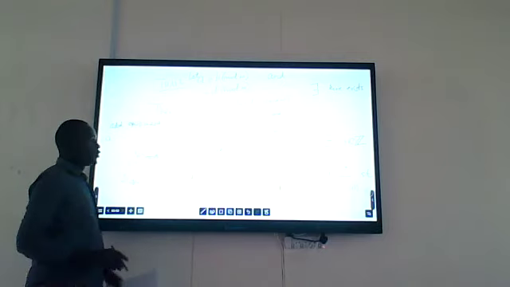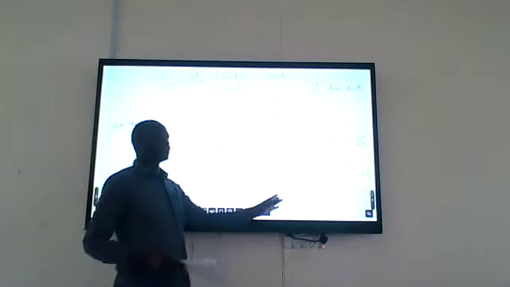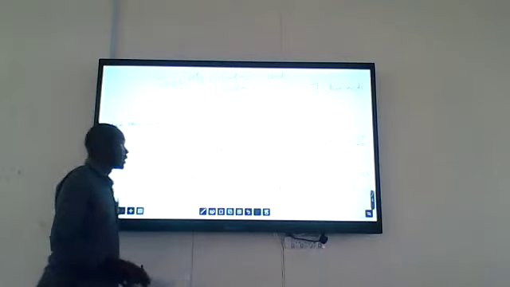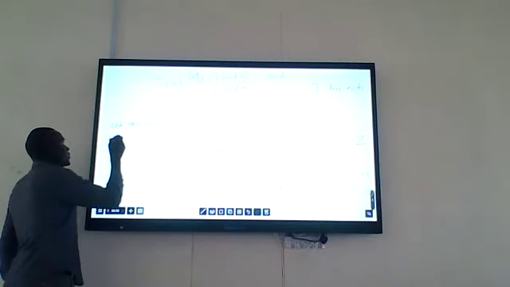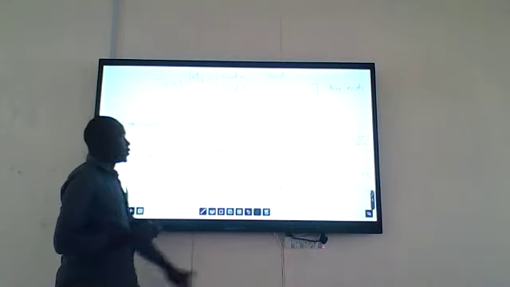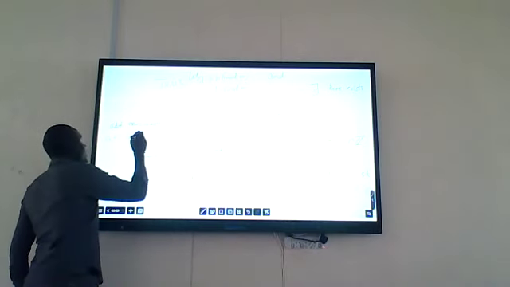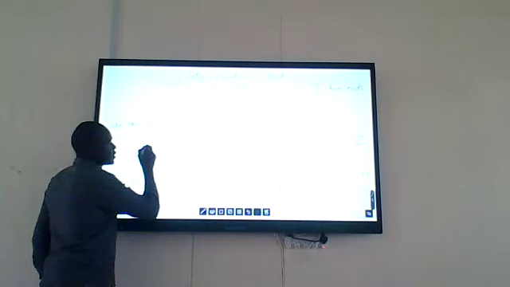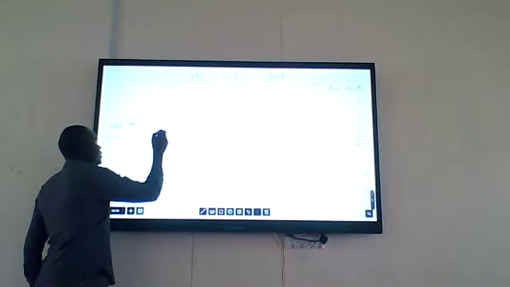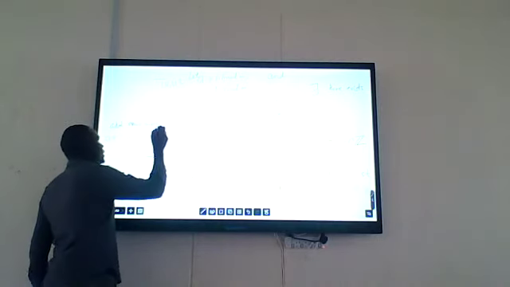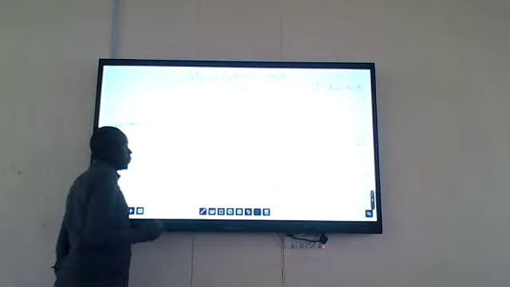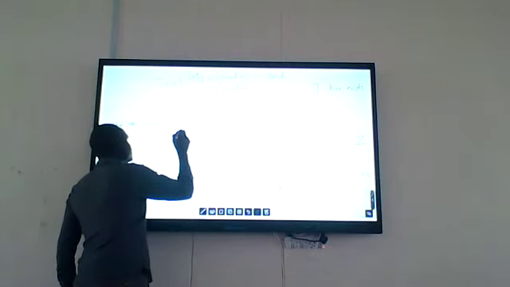Remember, adding two equations means you do addition on the left hand side and also on the right hand side. We'll have A plus C equals B plus MS plus D plus MT.